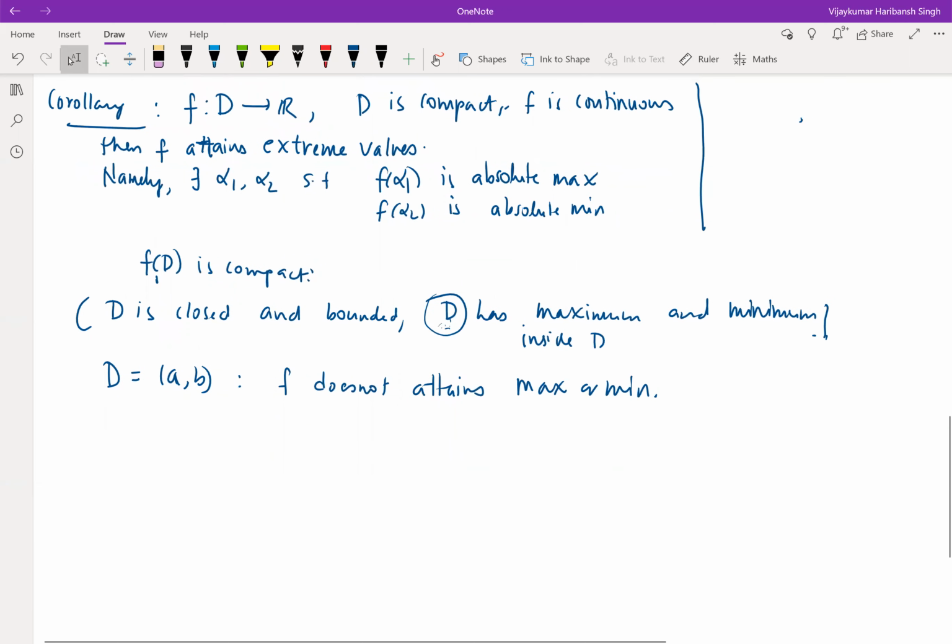All right, so now we want to prove the following lemma. Now our goal is to move towards the intermediate value theorem.